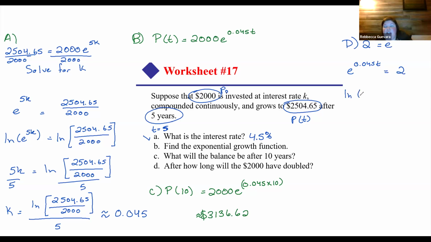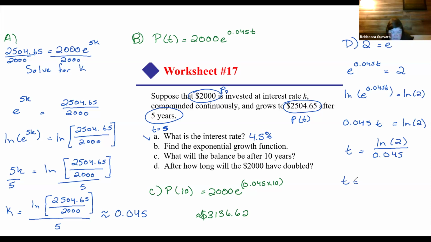If we do the natural log of both sides, I could have just as easily skipped the natural log part on this side and just said 0.045 t should equal natural log of 2 if I want that doubling time. So t is just going to be natural log of 2 divided by your interest rate. So natural log of 2 divided by 0.045 is going to be 15.4 years.